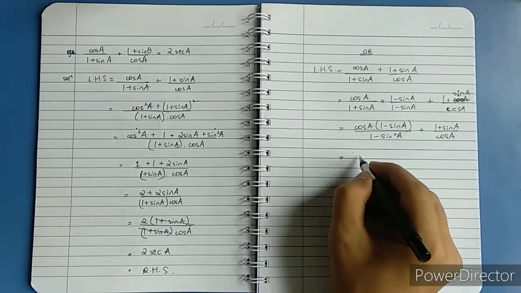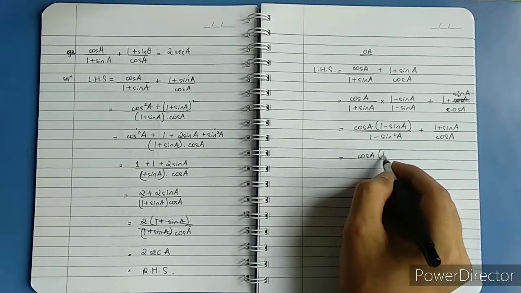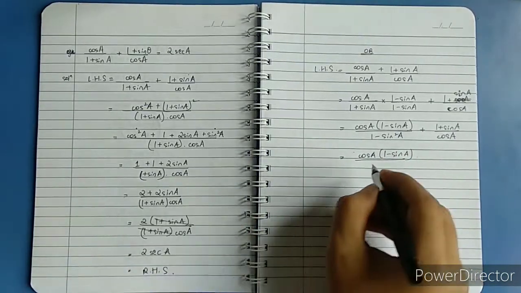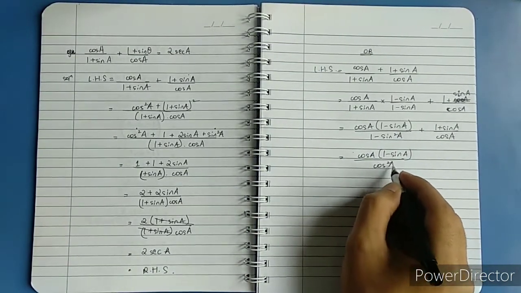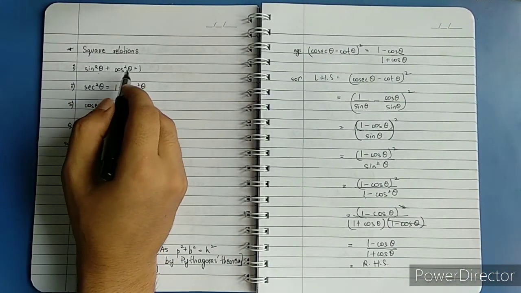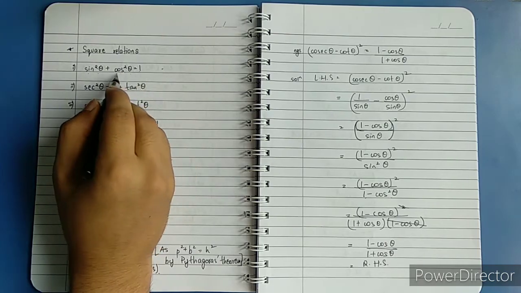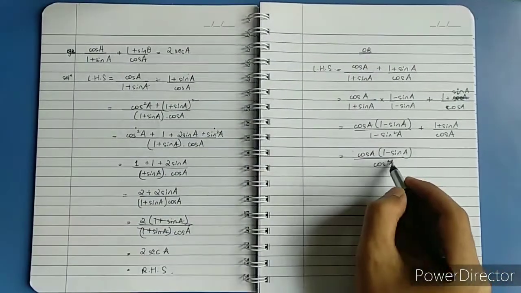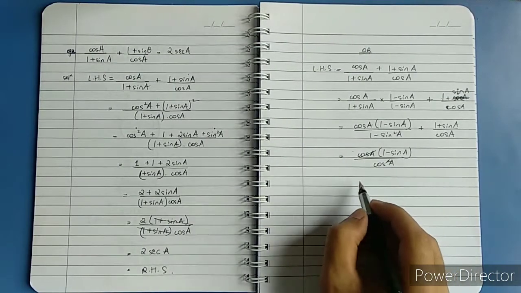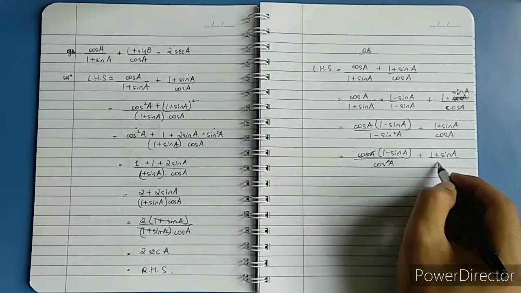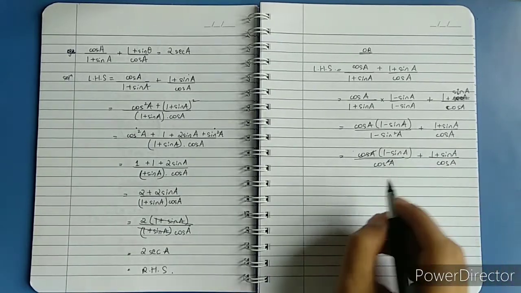This is equals to cos A 1 minus sin A by 1 minus sin square A becomes cos square A, because sin square theta plus cos square theta is 1. So 1 minus sin square theta is cos square theta. So this square and this cos A cancels off, plus 1 plus sin A by cos A. So we have cos A in both the denominators.